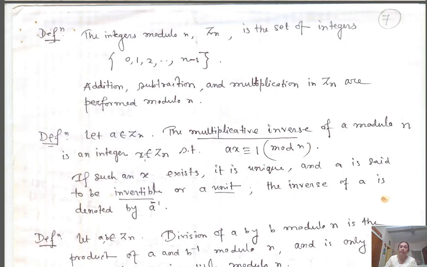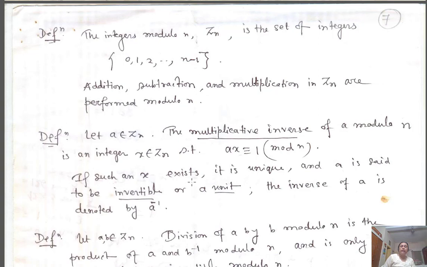You have to find this x in Zn such that when you multiply a and x, it gives 1 modulo n. That means x is a inverse, or a is x inverse, modulo n, provided their product is congruent to 1 modulo n.